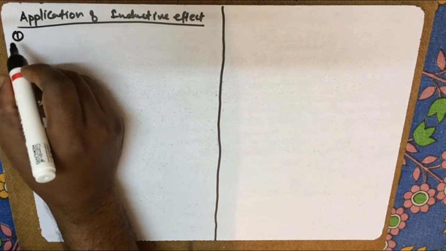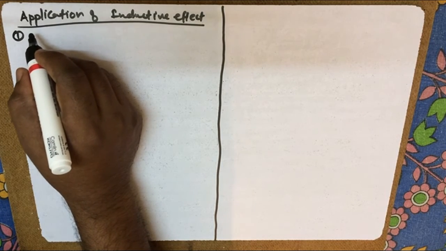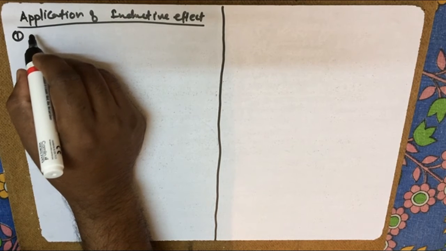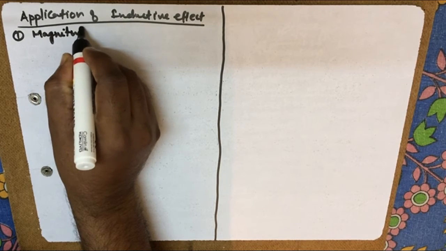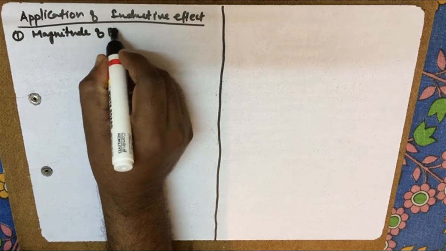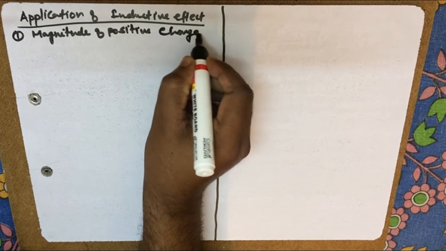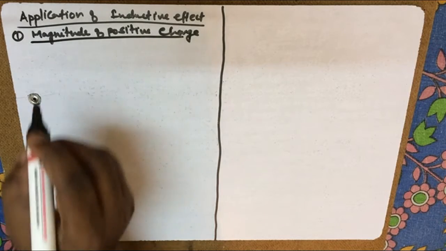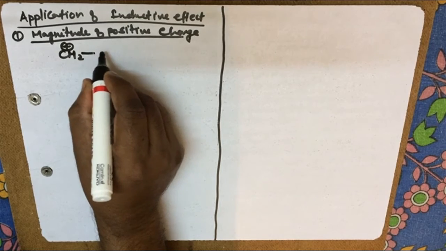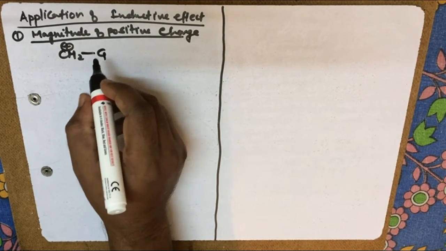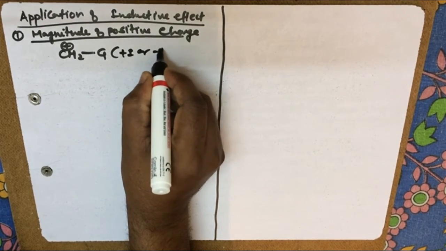Application first: if the magnitude of a positive charge is considered, like this, and you have a group G, where G may be plus I or minus I.